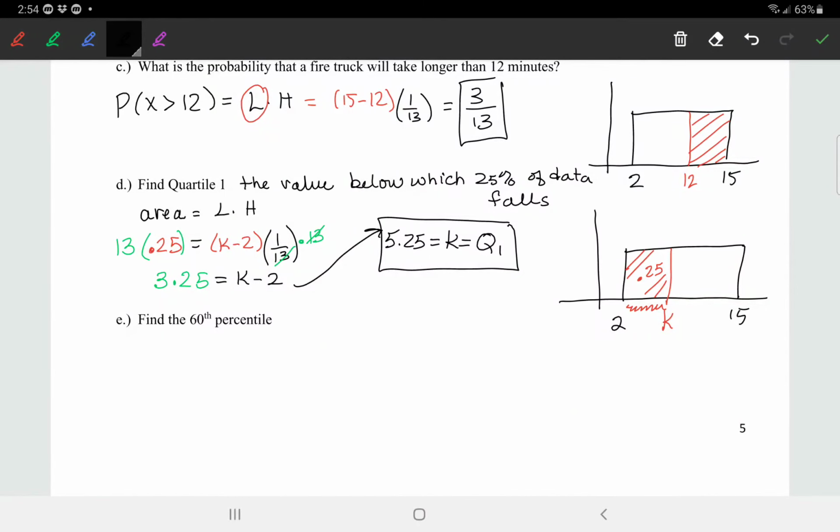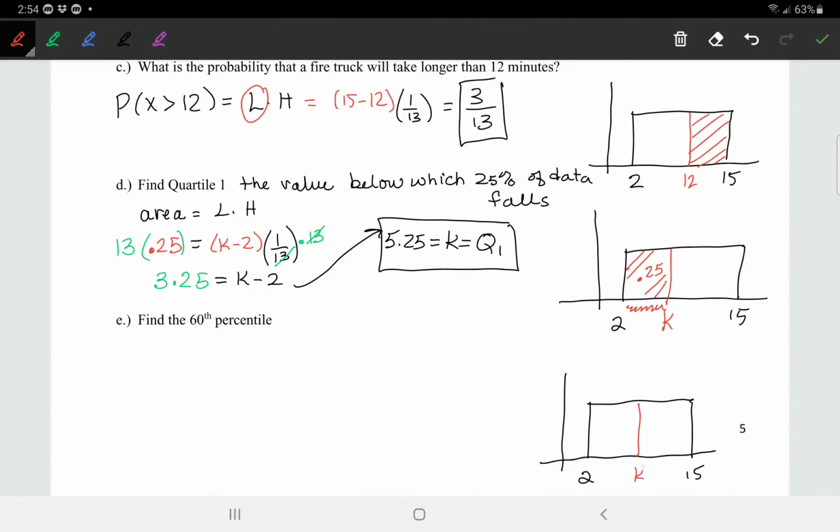And we wouldn't just have to do quartiles, we could do percentiles, right? So if we're looking for the 60th percentile in between 2 and 15, we're looking for the value, call it K, and below there we want 60% of the data. Again, just filling in the formula, area is equal to length times height. The area that we are looking for is 0.6.